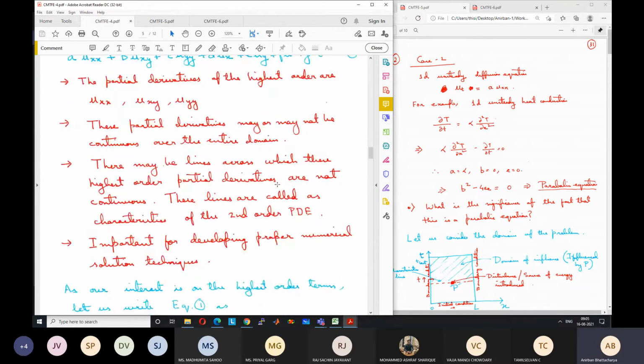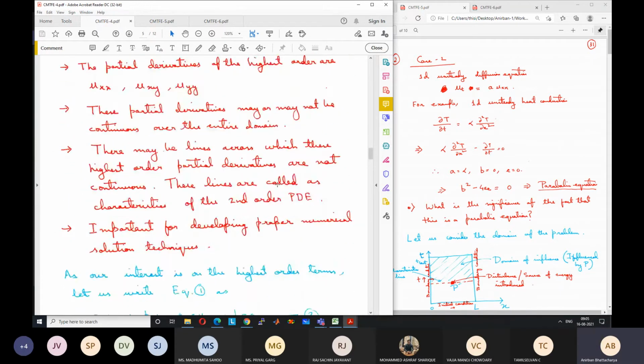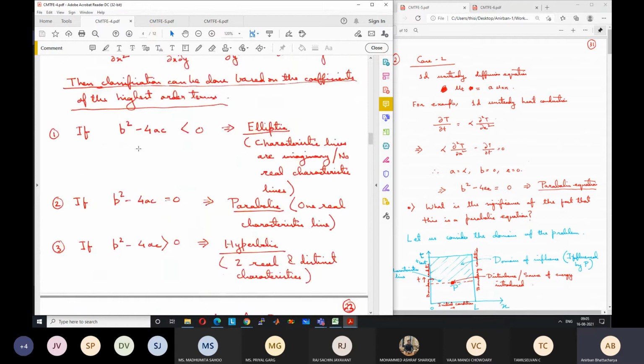And then we have seen why this b square minus 4ac, where a, b, and c are the coefficients of the principal part, is important in determining the nature of the PDEs.